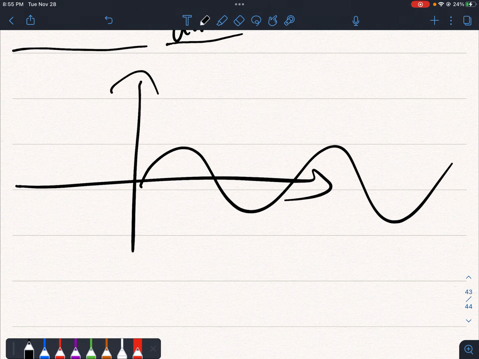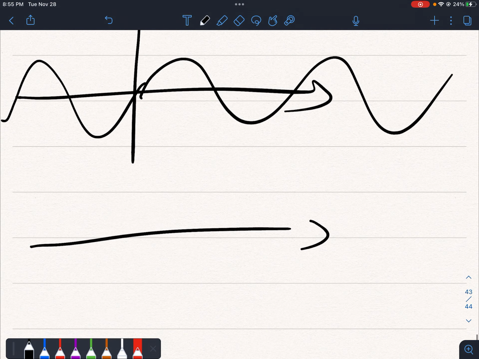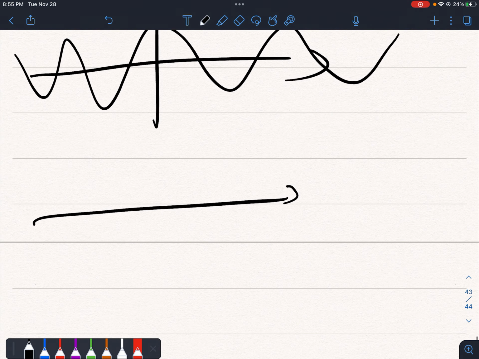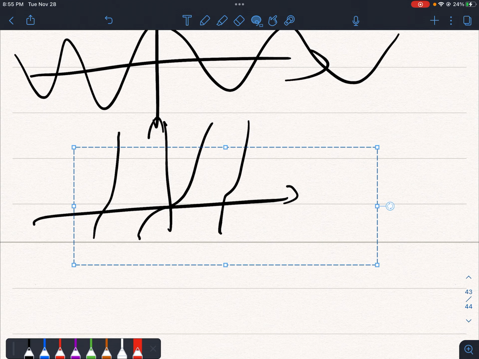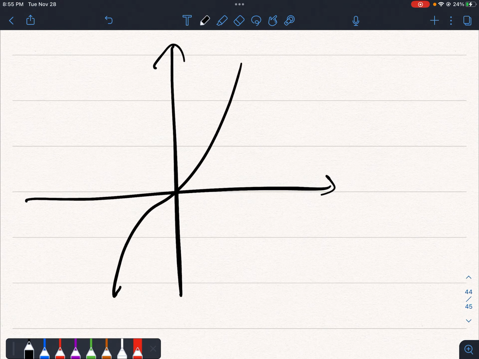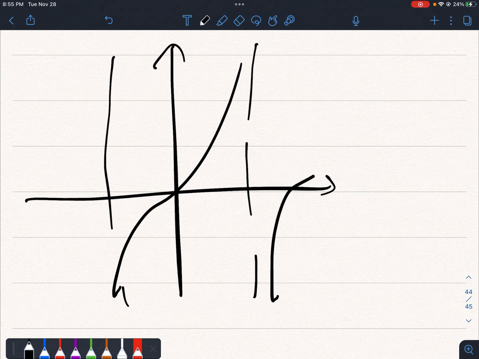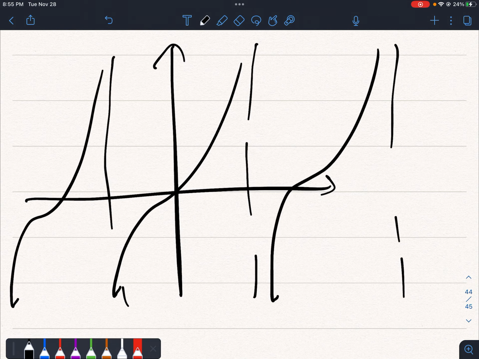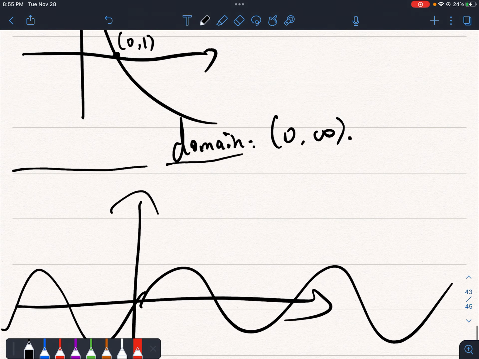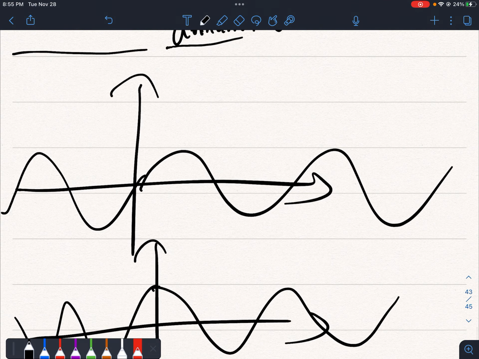All I want to emphasize is that this is sine, okay? And then this is cos. Maybe I need a new page. And then this is tangent. Okay, and then all the other points.